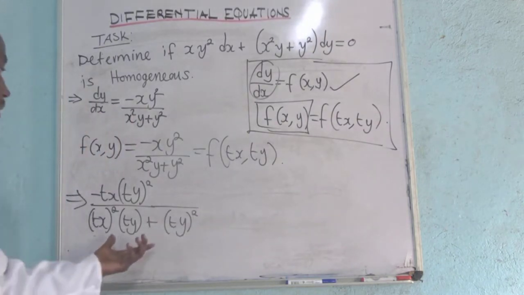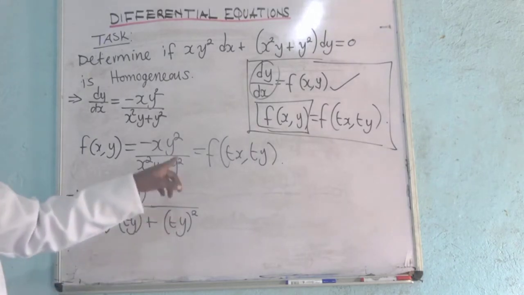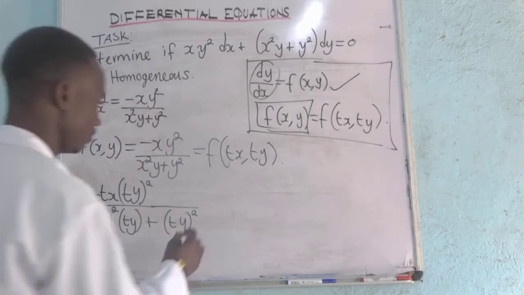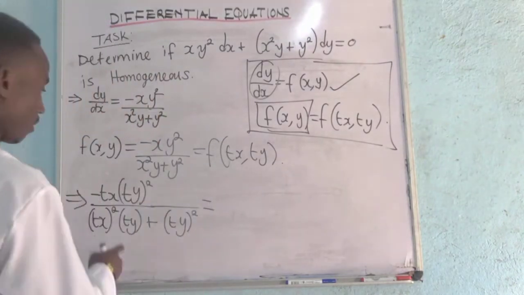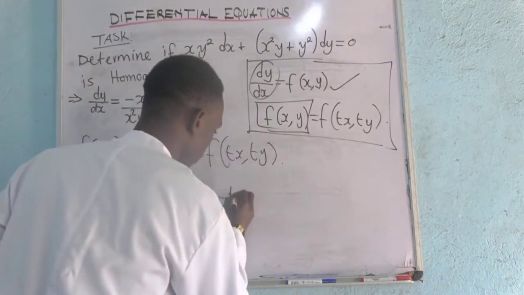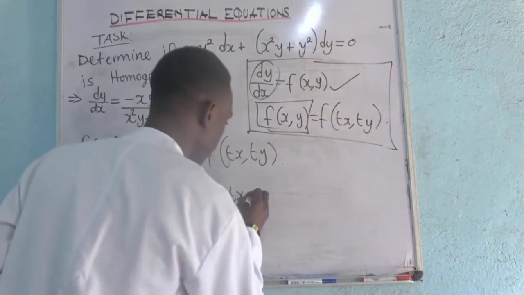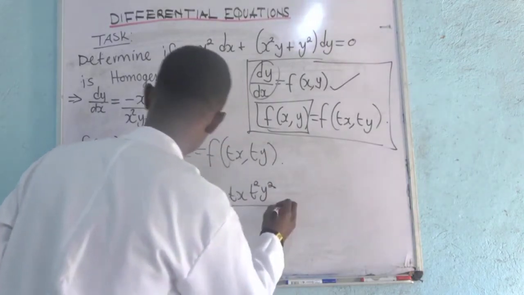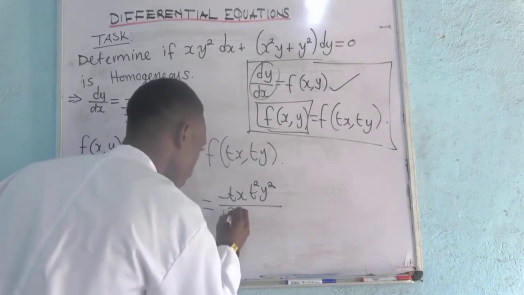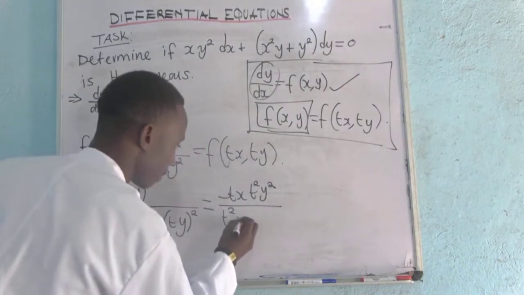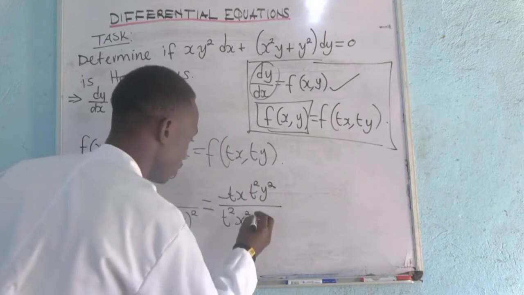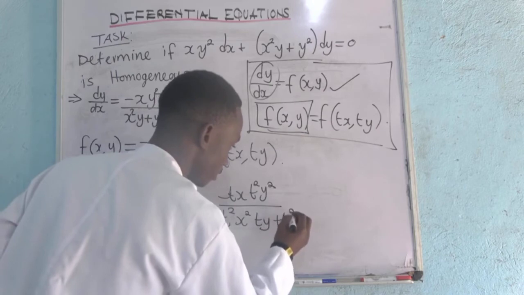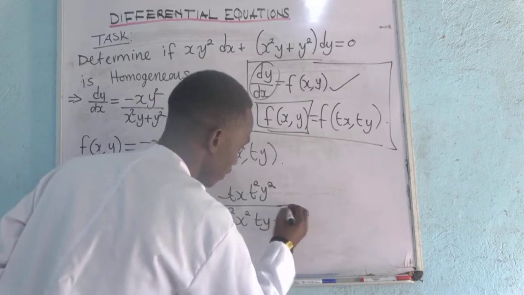Now we need to check whether this will then be equivalent to what you have there. If it's not, then we can make a conclusion on this one. So we are saying this is equal to negative tx, distributing the 2 there, this will be t squared y squared divided by t squared x squared t y plus t squared y squared like this.